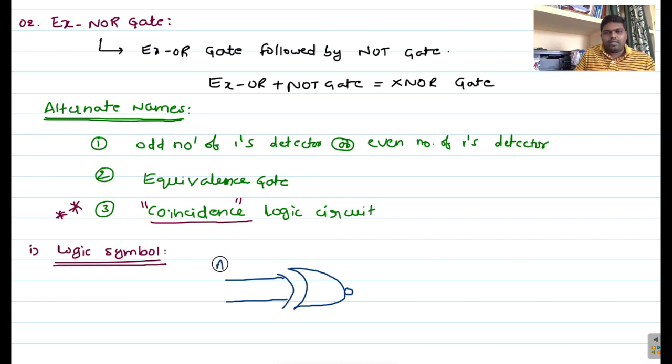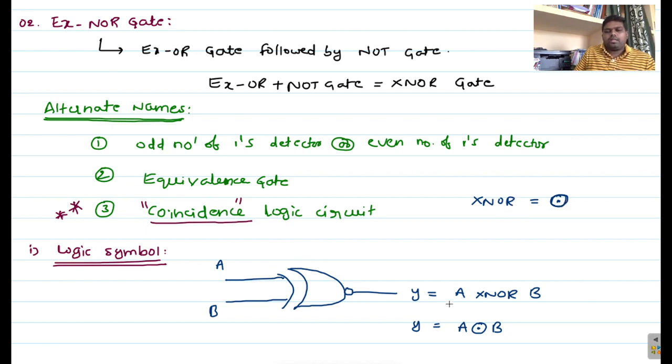These are the input variables, and here the output Y equals A XNOR B. Otherwise you can write like this: A XNOR B. So XNOR symbol is what? Dot encircled. This dot encircled can be used for XNOR notation.